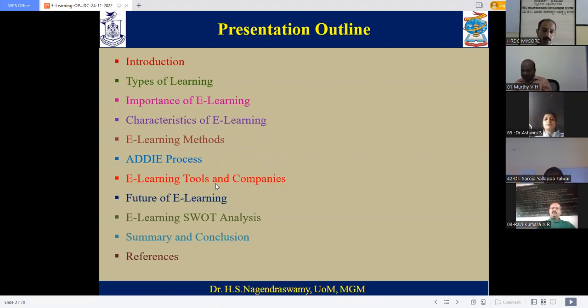First, a brief introduction to e-learning, and then types of e-learning, importance of e-learning, characteristics of e-learning, e-learning methods, ADDIE process, e-learning tools in companies, future of e-learning, e-learning SWOT analysis, summary and conclusion, followed by references. This is how I planned the content for this presentation for the next 2 hours.